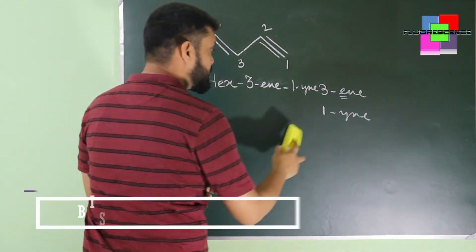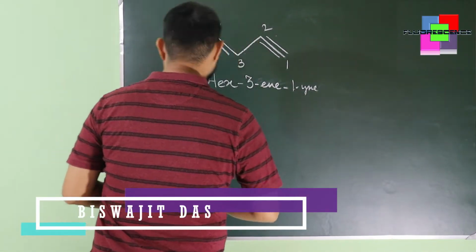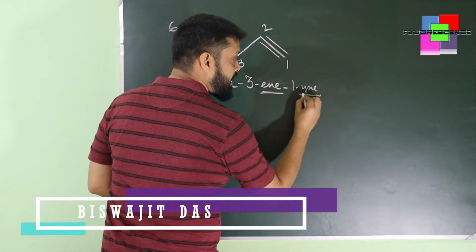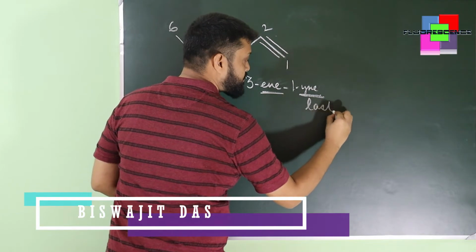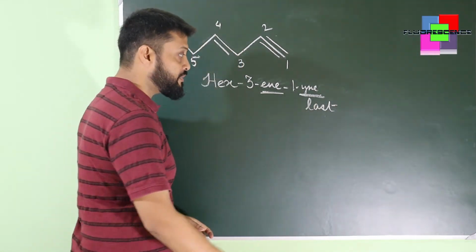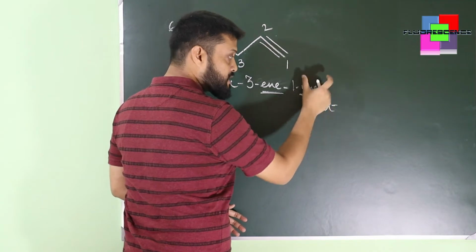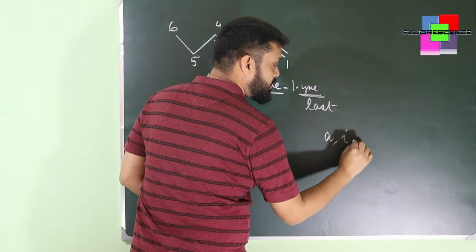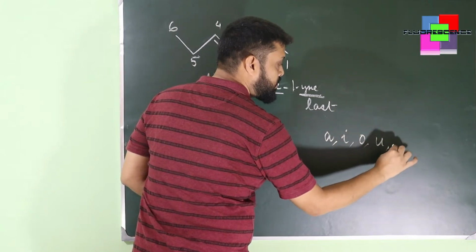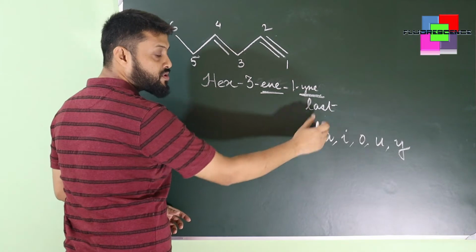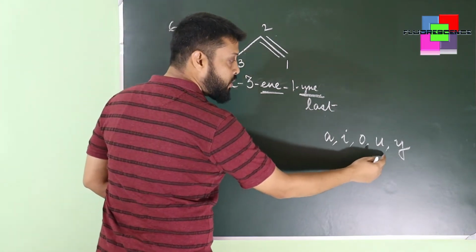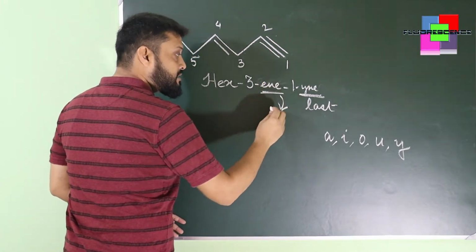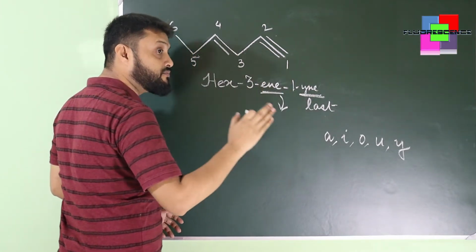Now, if I consider this one to be the first part and this one to be the last part, if your last portion is starting with A, I, O, U or Y, never end the immediate portion before it with any vowel.